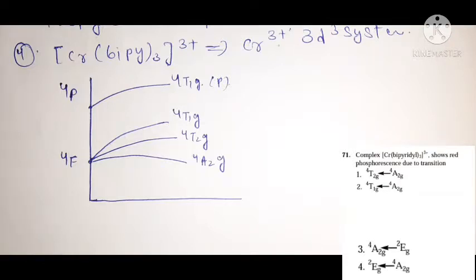When a spin forbidden transition occurs from higher energy state to lower ground state, that means this transition is related to your red phosphorescence. Okay, so on the basis of this statement, your option number first and second are cancelled out. Why? Because they contain spin allowed transition. Okay, so we have left only option number 3 and 4.